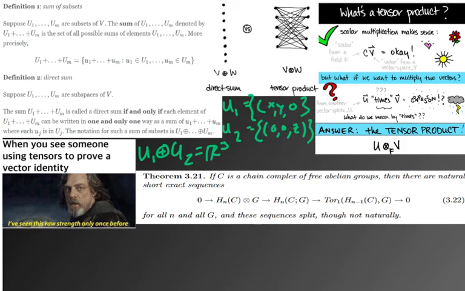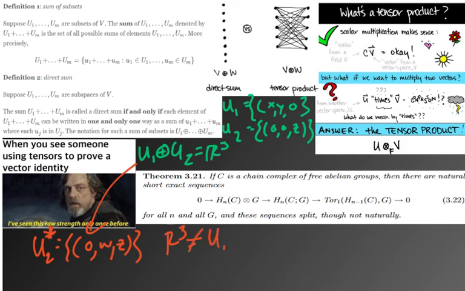But if instead I go down here, U2 star is now the set of things that have the structure, let's say (0, y, z). Now I cannot say R3 equals U1 direct sum U2 star.